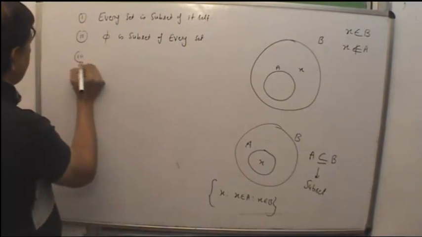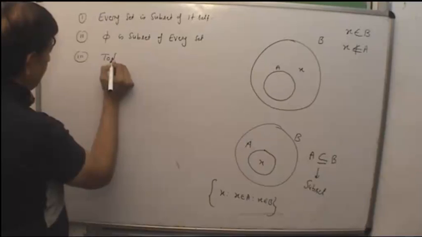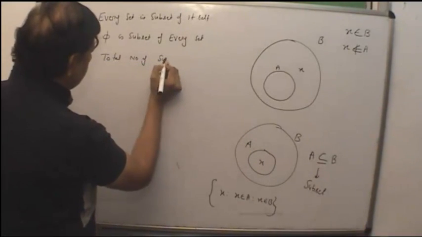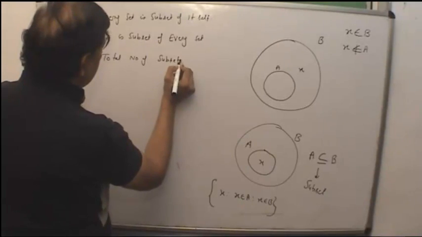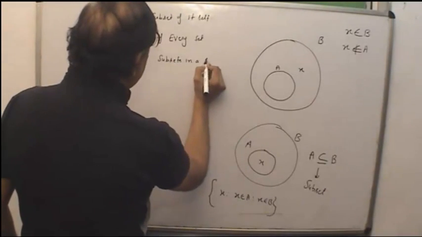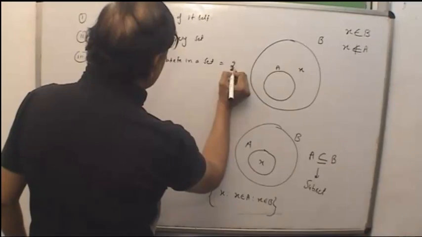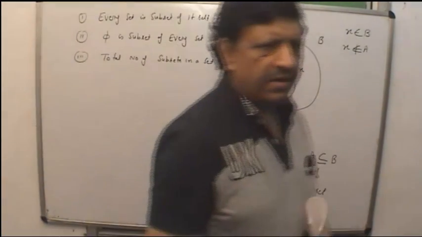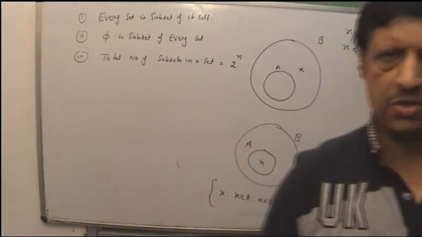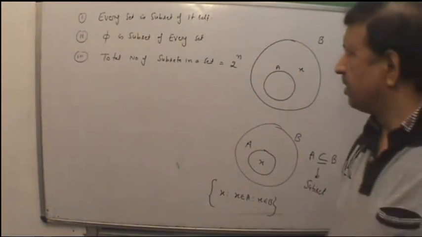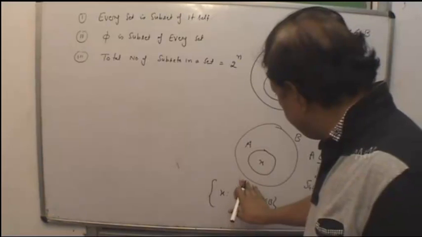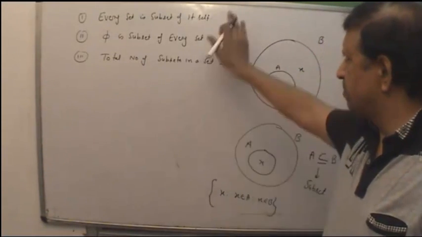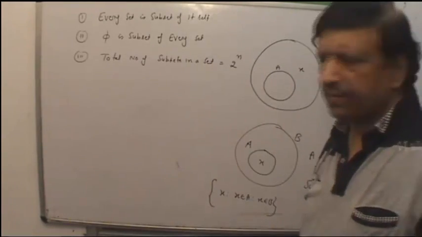Third, and it is very important, the total number of subsets in a set is equal to 2 raised to the power n. These are the three main rules or considerations associated with the subset. They are very important. From this, we will proceed with our topic further.